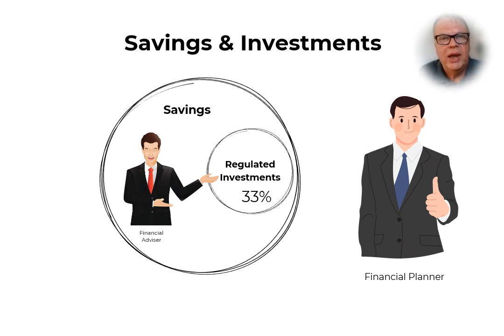And according to ONS, the Office for National Statistics, the savings books are about twice as large as the regulated investment books. So it's about a third of people's total savings and investment portfolio that is regulated investments. So by being a financial planner, you can advise on all of their savings and investments.